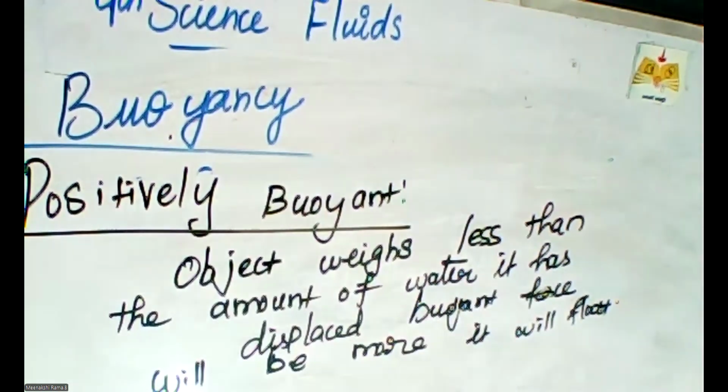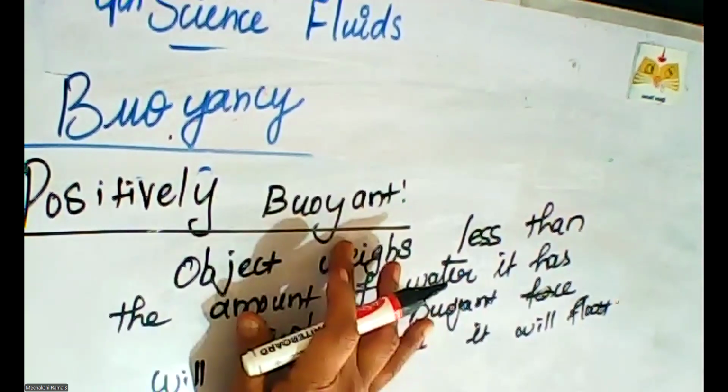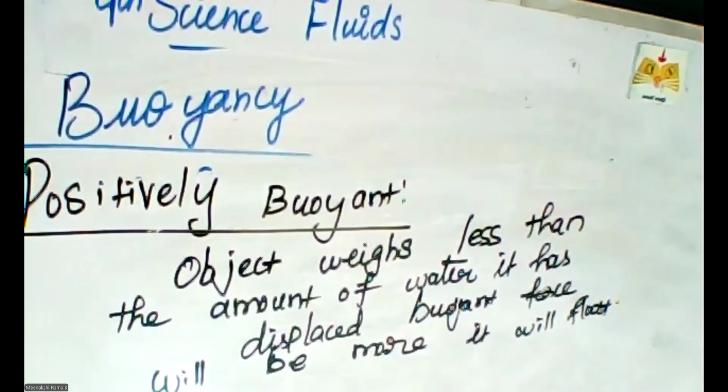Such kind of object is called positively buoyant. Buoyant objects are divided into two types: one is positively buoyant, another is negatively buoyant.